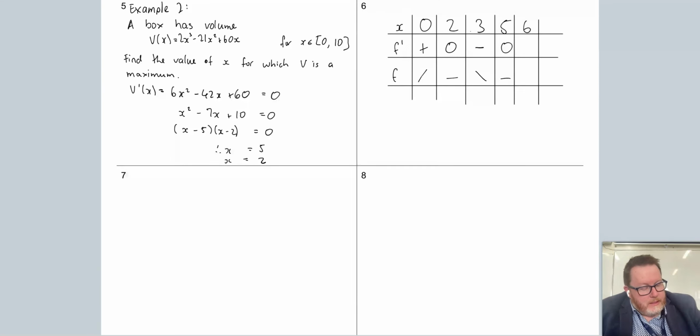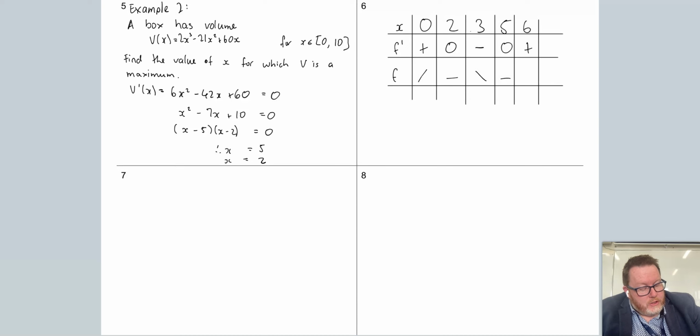And then one last point is the 6. So I've got 6 times 6 squared. And then I'm going to take away 42 times 6. And then I'm going to add 60. And I get 24. So 24 is the value. So that's positive.